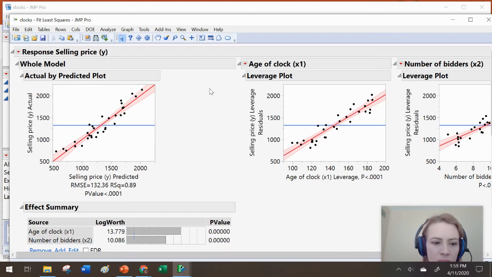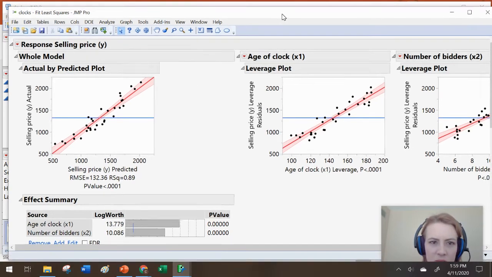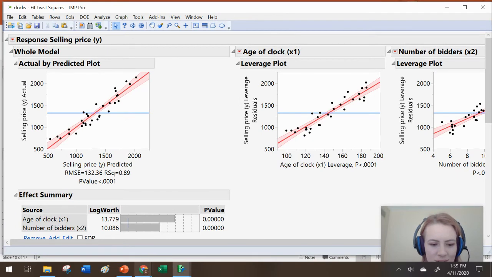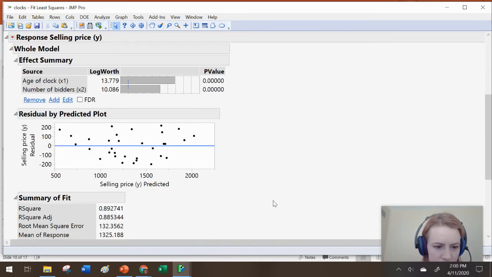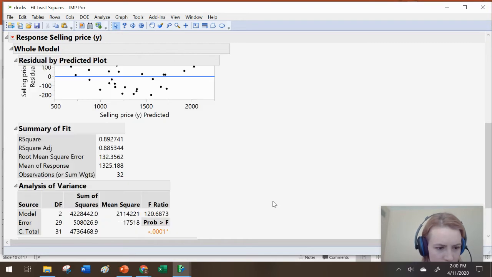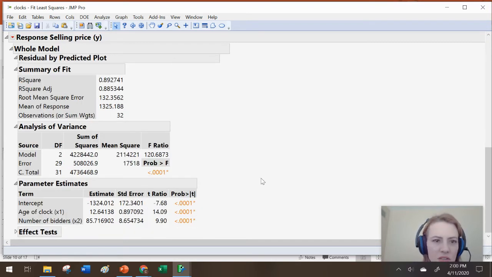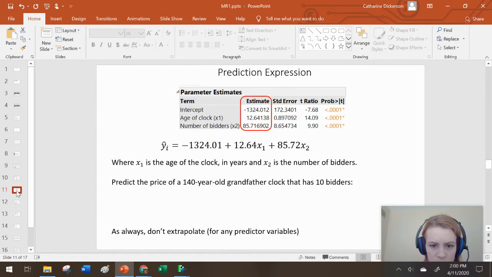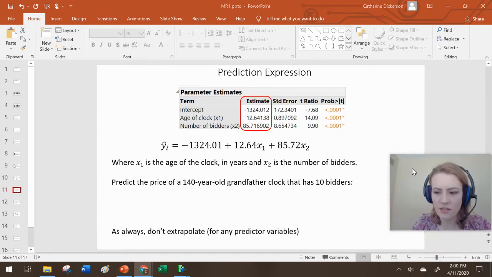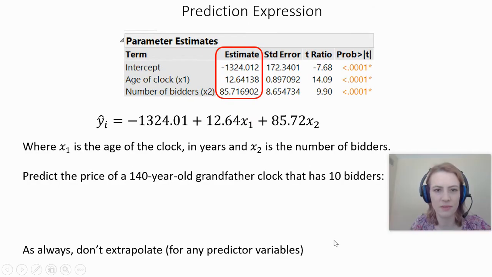All right. So don't worry about these plots just yet. Scroll down a bit. We're going to go all the way down to the parameter estimates table. It's there that we get the information required to build our prediction expression.